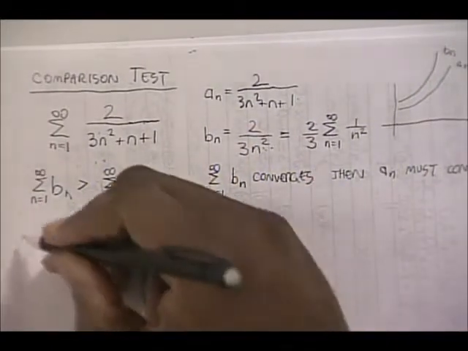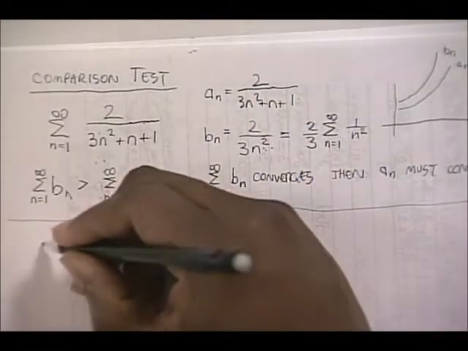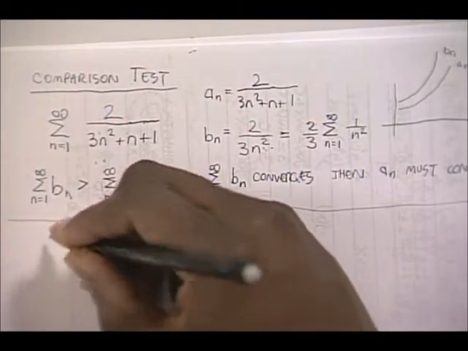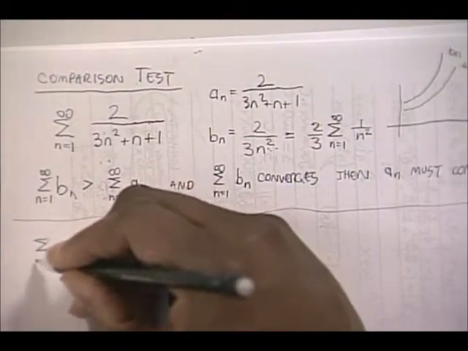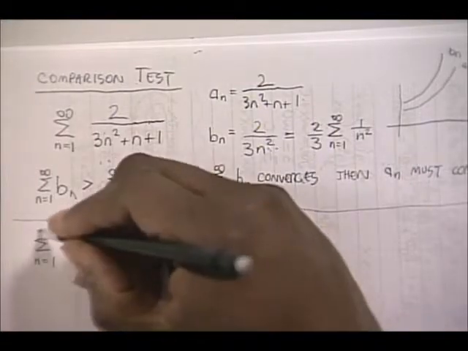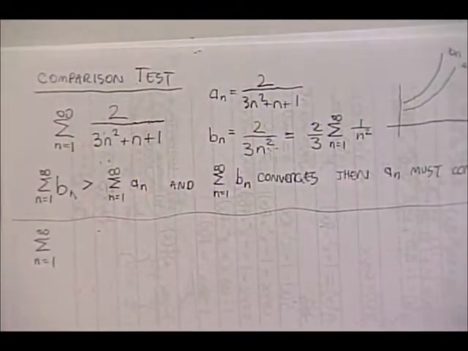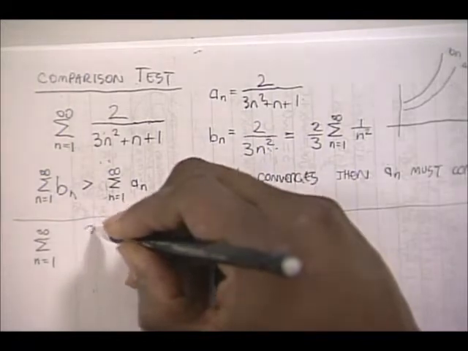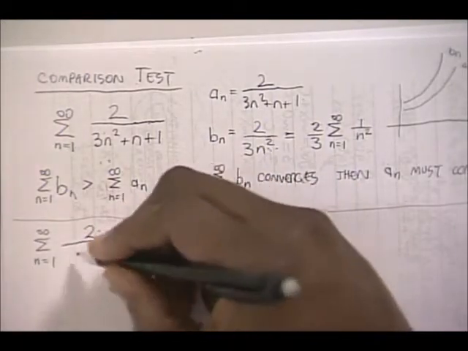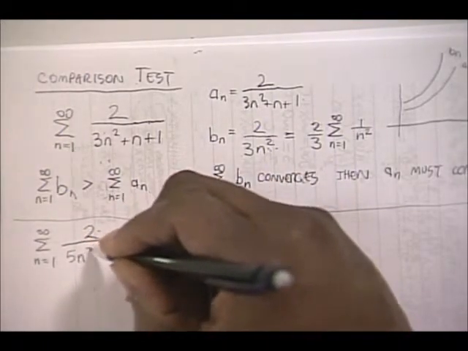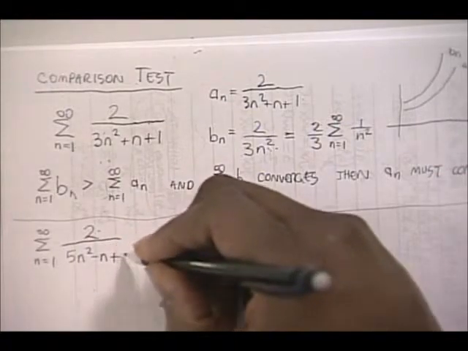This problem is asking if you have a series where you're summing n is 1 to infinity of 2 over 5n squared minus n plus 1.